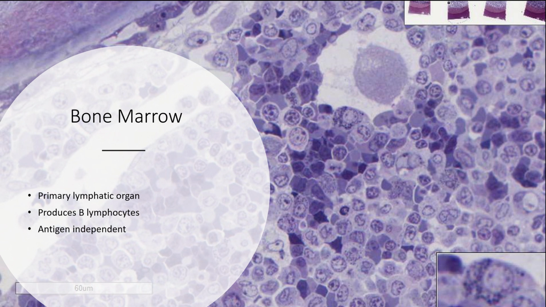So my analogy for primary versus secondary is, this is going to sound weird, but if I'm training police officers, right? That's the same as training these lymphocytes. If I'm training police officers, before I ever set them outside to fight off crime, I want them to know what is good and what is bad, right?